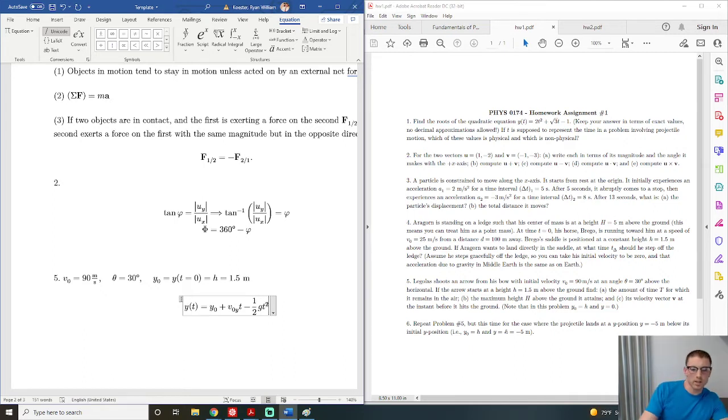And we know all these things. We know what y naught is. That's just h, or 1.5 meters. We have to do a little bit of trig to get this, but I think everybody's probably comfortable with that by now.